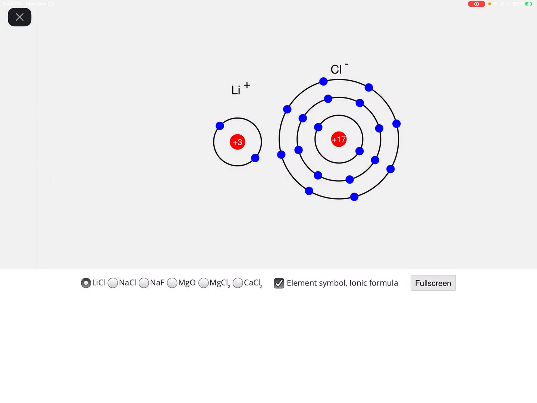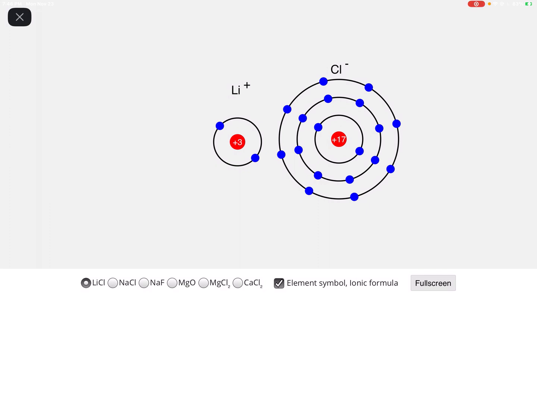If there's not a 1 there, it's understood, or a 1 positive, whichever way you want to say it. Chlorine forms a -1, or a 1 minus, and that difference in charges causes opposites to attract. That causes them to attract and bind together to form a compound.